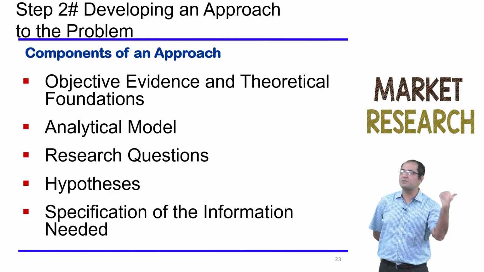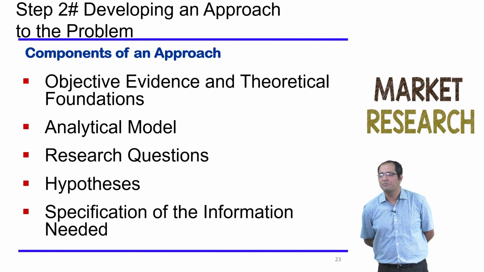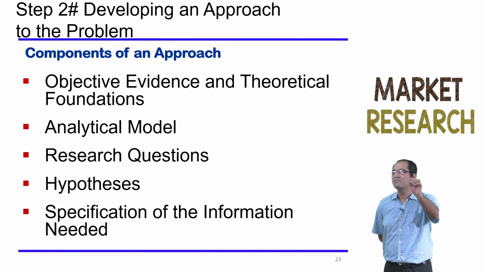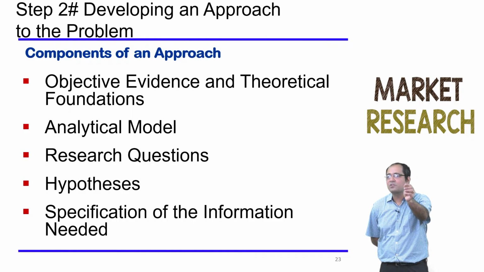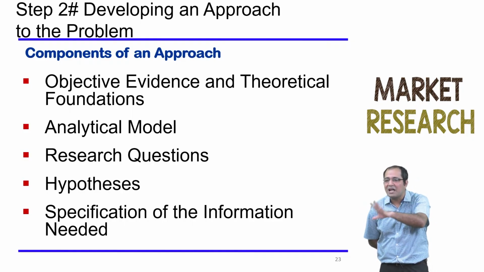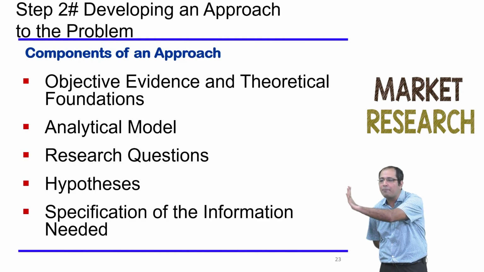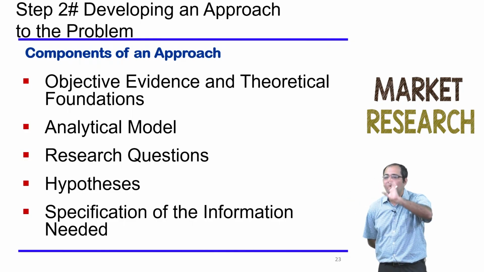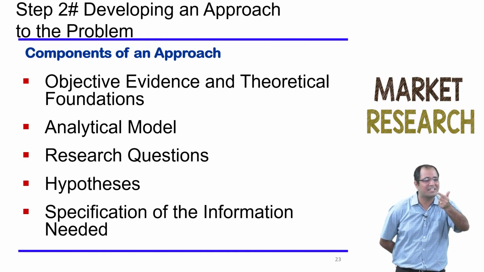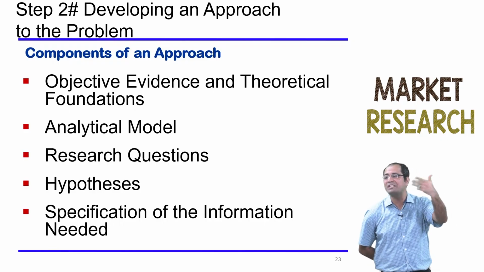If you go back to the service quality example, you have a few components like: what are the factors that constitute service quality, and how does Motilal restaurant compete on these factors versus competing restaurants on each of these factors?